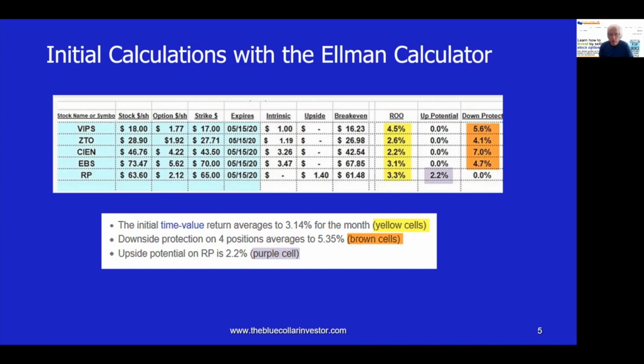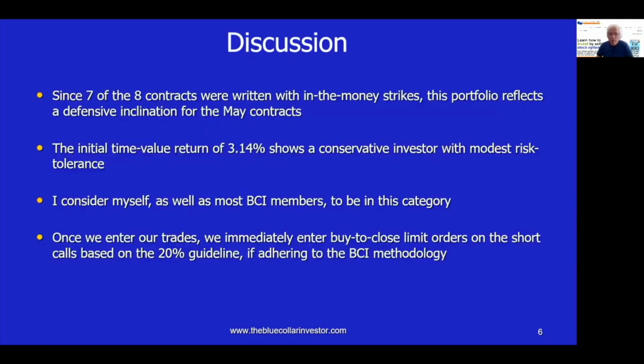That returned a time value return of 3.3%, 1 month, near the money strike, with the opportunity for an additional 2.2% should RP move from current market value of 63.60 up to or beyond the $65 strike price. So there was an opportunity for a 5.5% 1-month return if the price of the stock moved up to or beyond the strike price. So let's summarize now.